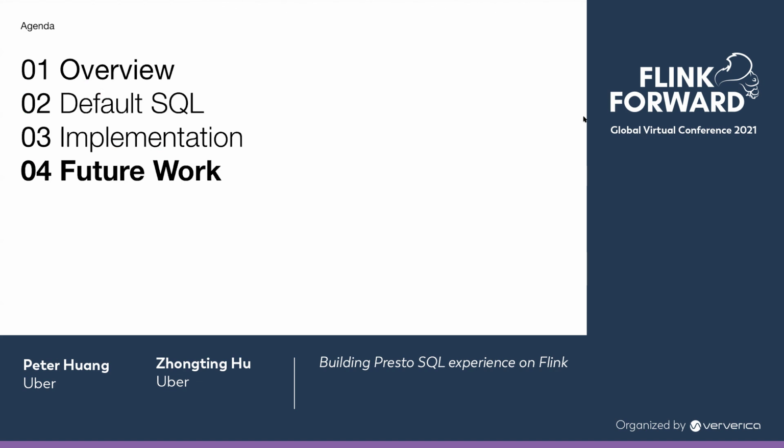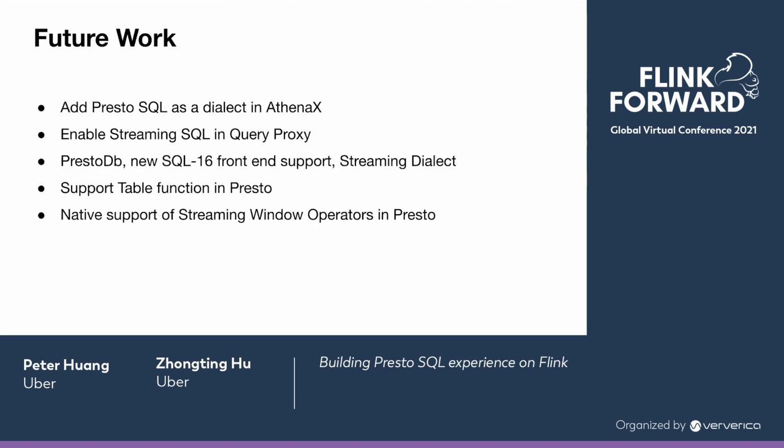So yeah, that's the work we have been doing in the last few months, since last year, and now the future work. First, we want to add Presto SQL as a dialect in our AthenaX, which is our internal Flink streaming platform.